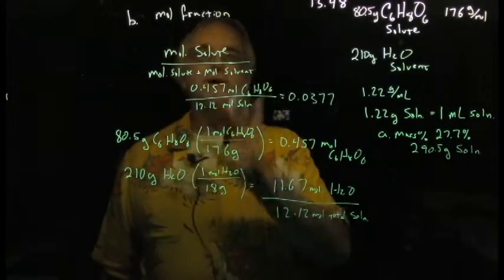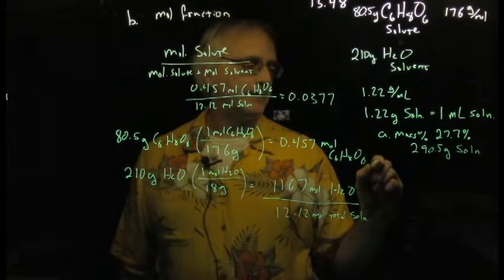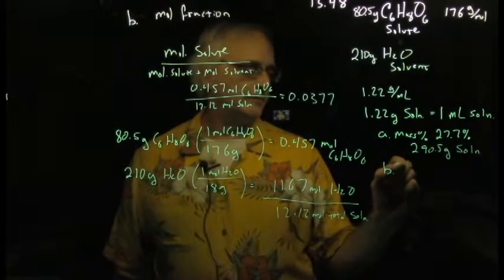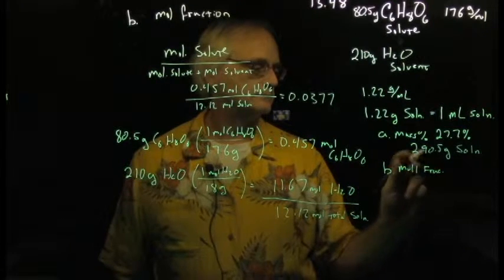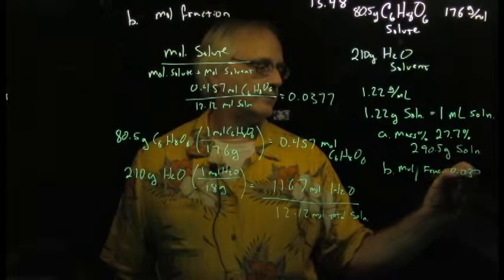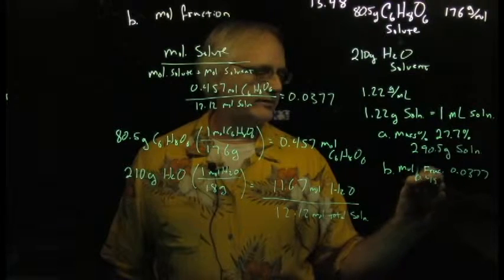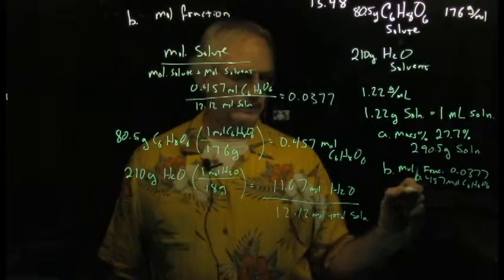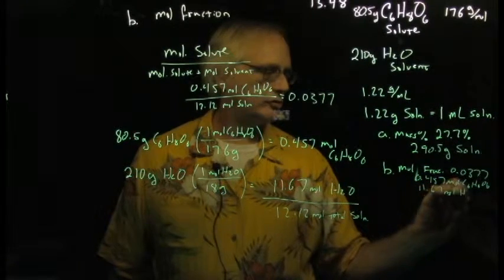Okay, it's quite a bit different to look at it in terms of number of particles versus mass of the various particles. But I am going to write some of these numbers down because we are going to need them. That this is the mole fraction, 0.0377, and this is 0.457 moles C6H8O6, and 11.67 moles H2O.